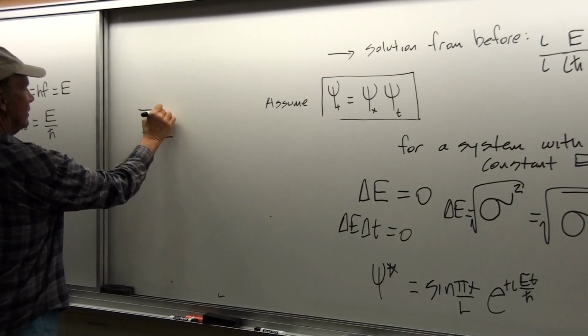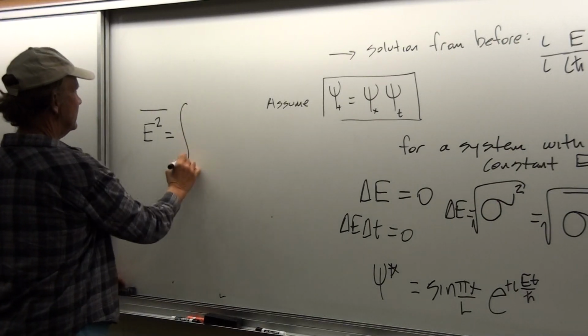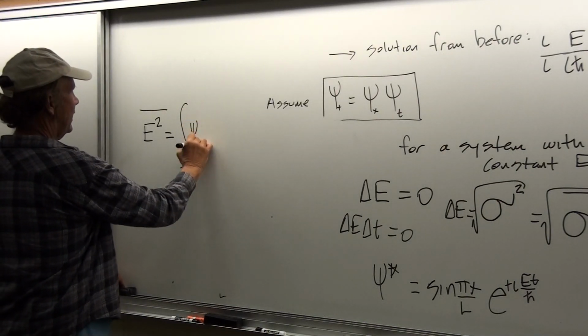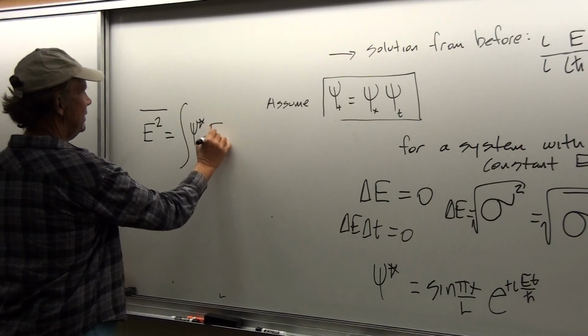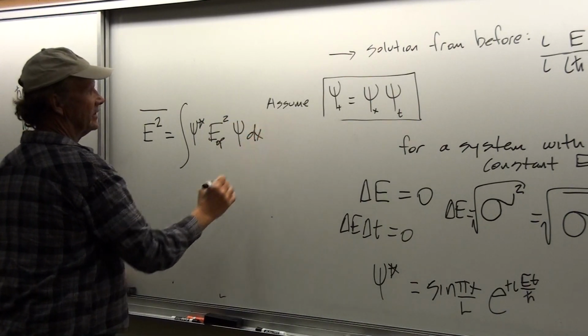Okay, so it's going to look like that. So that means that we're going to have to write this as psi star E op squared times psi dx.